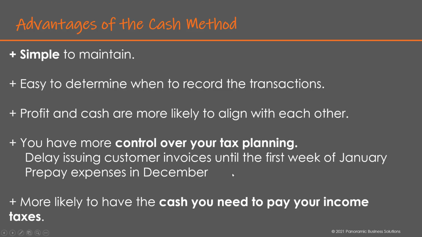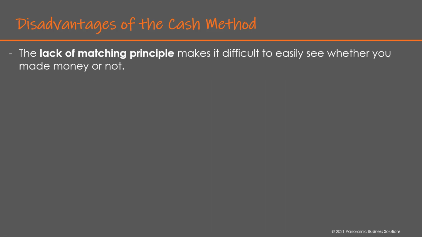Now, this might sound really good for the cash method, but here are some of the disadvantages. The lack of the matching principle makes it very difficult for you to easily see whether you've made money or not. Just imagine that you have worked on a project for one of your big customers and you have payroll expenses 1 week.